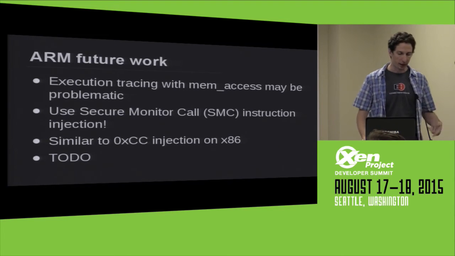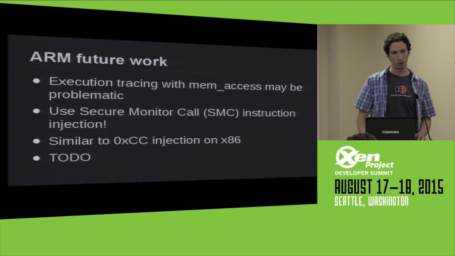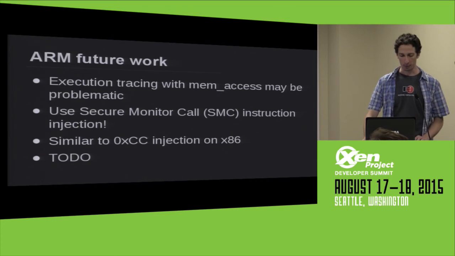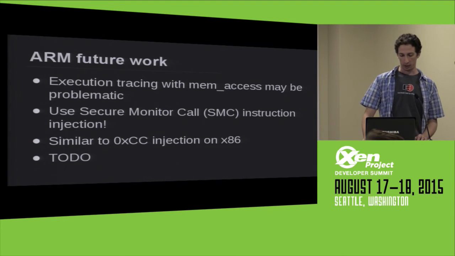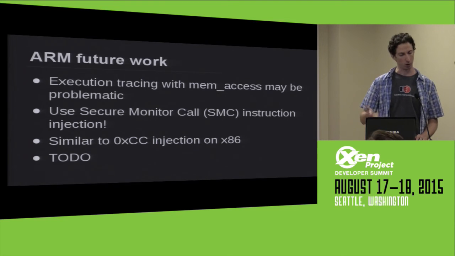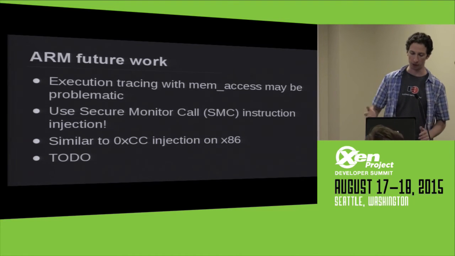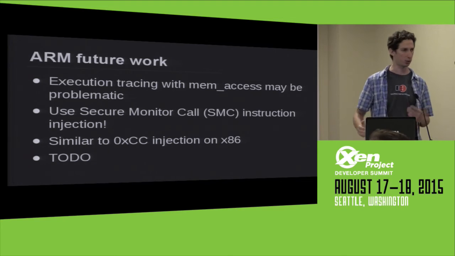There is an alternative way to trace execution. For example, we could inject instructions into the memory of the VM, similar to injecting breakpoints on x86, but this is not yet implemented. So that is something that I will be looking at. Also, if there is any other configuration for tracing execution on ARM securely, that would be interesting to see.